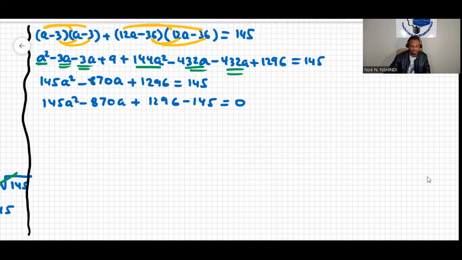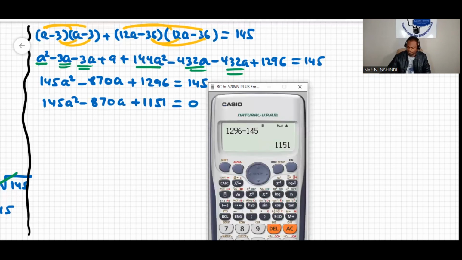So I don't need to write all this, but this is 1151 equal to 0. Now we can solve this using the quadratic formula. Am I correct here?